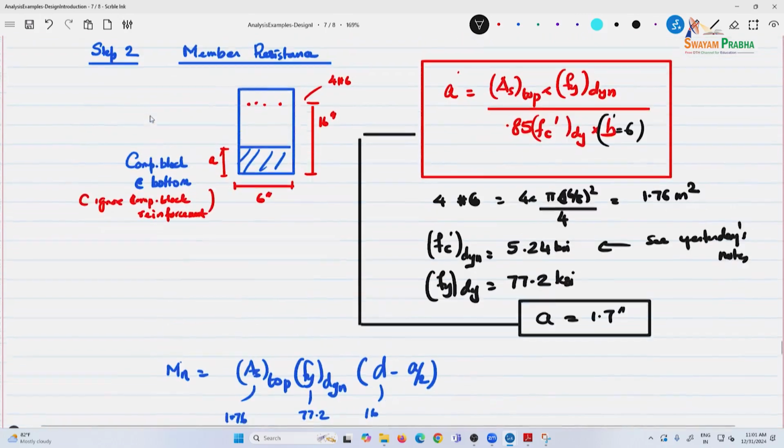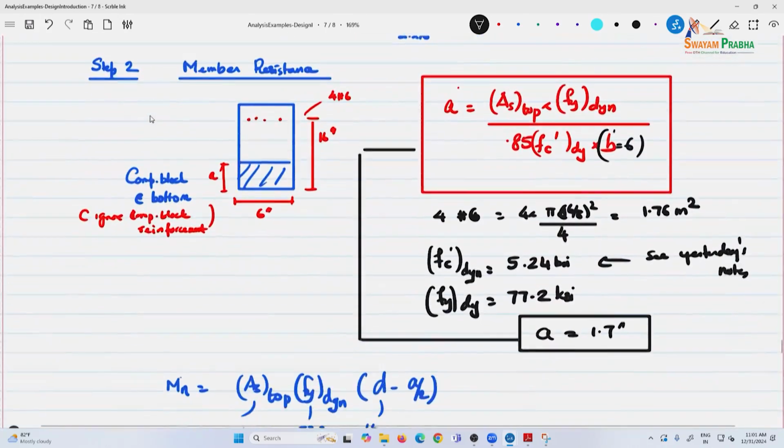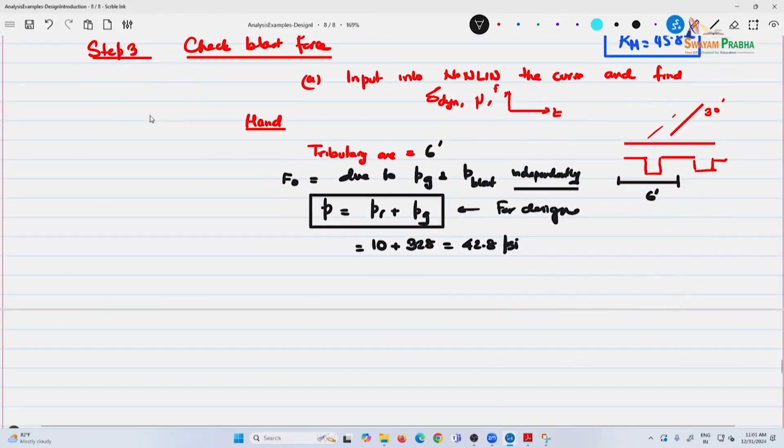Your impulse is, what did we calculate, 256. Well, I wouldn't say it is low, but 256 is also about a medium range impulse. So this is high pressure and a medium range impulse.